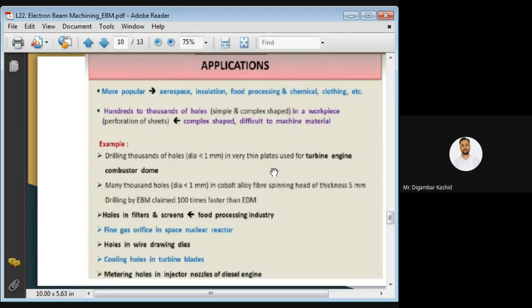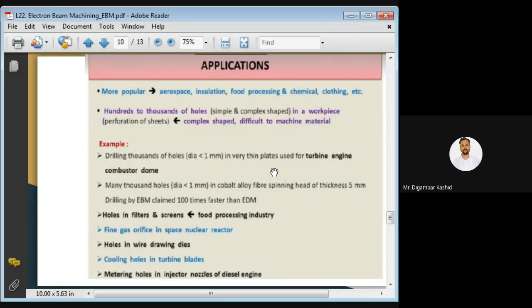Then holes in wire drawing dies, that also we can generate using this electron beam machining. Then cooling holes in the turbine blades.